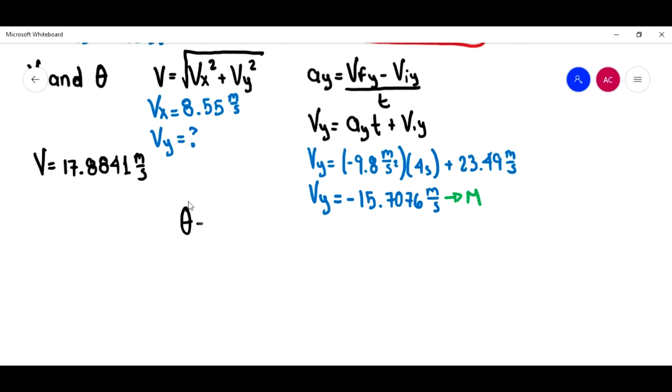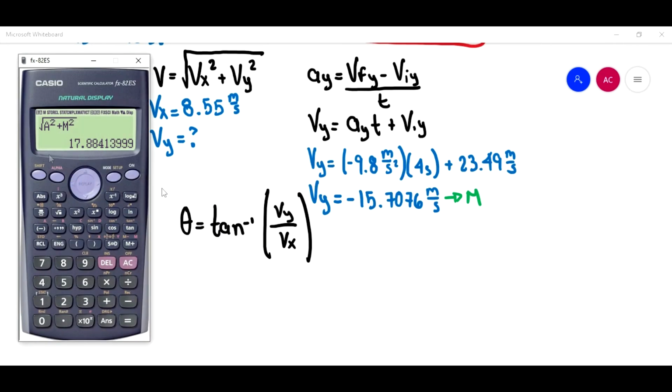The angle equals the tangent inverse of by over bx. So it will be shift tangent fraction, by is in M over bx, that is in memory A. So the angle is going to be negative because I'm in the fourth quadrant.